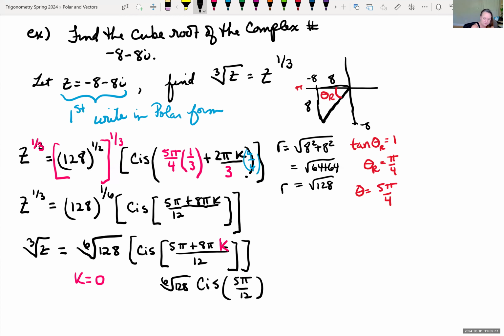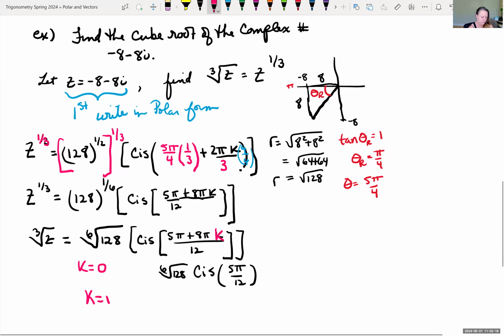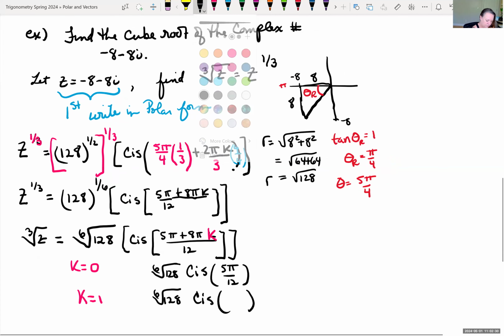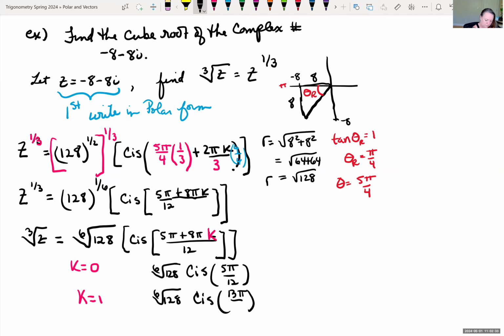If k is 1, that's going to give me 13 pi 12ths. So this would be the sixth root of 128 cis of 13 pi 12ths. If k is 2, 2 times 8 is 16, 16 pi plus 5 pi is 21 pi.